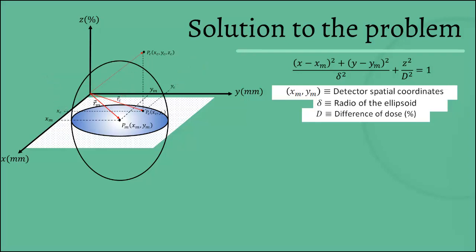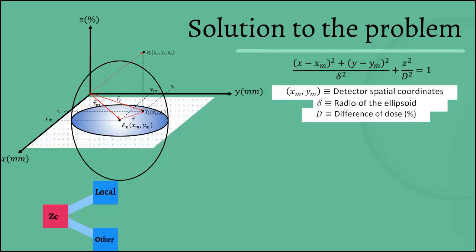The value zc is a difference of dose, and it could be compared in a local manner, which has to do with the comparison of dose calculated on that point against the measured dose by the detector. What we're saying is that we're normalizing in a local manner, but we can normalize to any other point. For example, we could normalize to the maximum value of dose registered in our detector array.